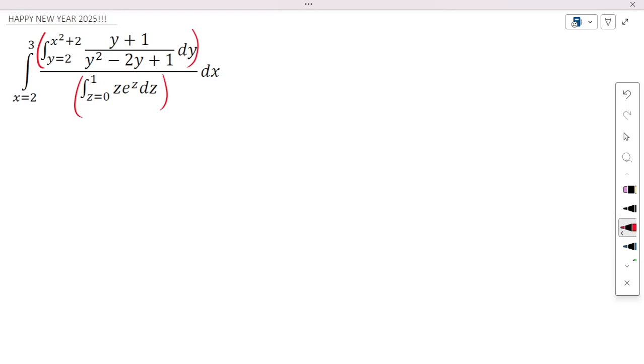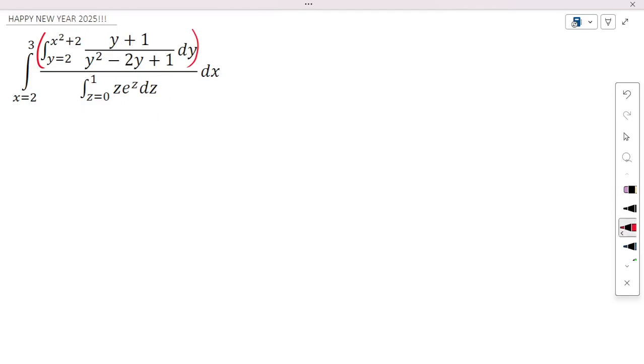Now, the first thing you really want to do is just to try and see what we are going to do. Clearly we have two different integrals with respect to different variables, and it's a little bit weird, so I want to change it up a little bit. But before we can change it up, let's try and solve one of these integrals, because it looks weird.